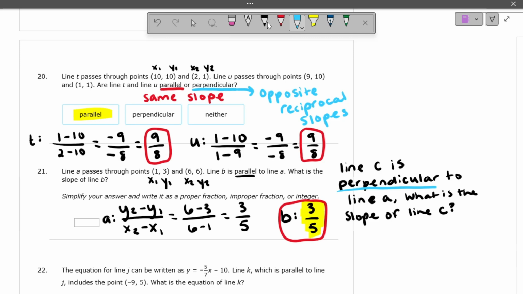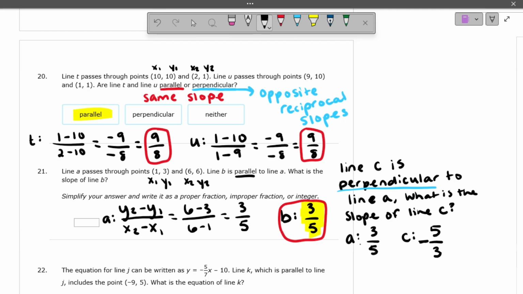So opposite reciprocal. We would have to figure out the opposite reciprocal of the slope of line A, which is 3 over 5. For the slope of line C, what we need to do is flip this fraction, so 5 over 3, and then make it the opposite sign of this one.